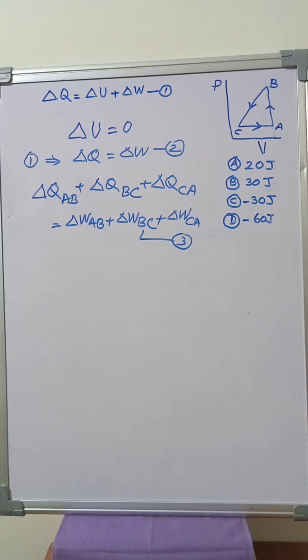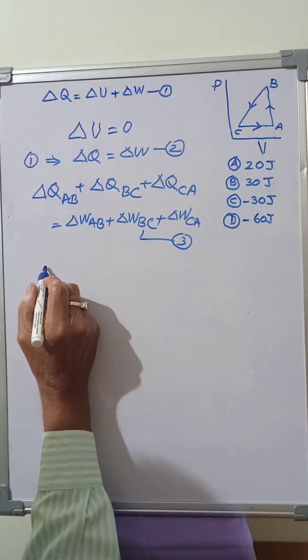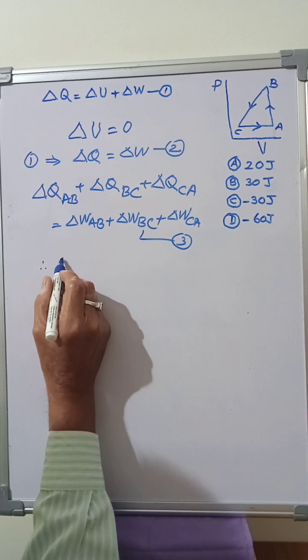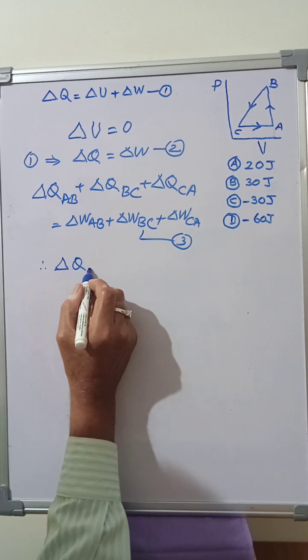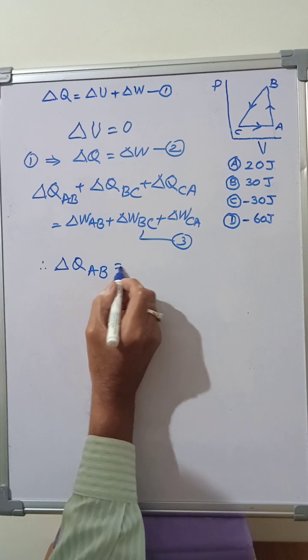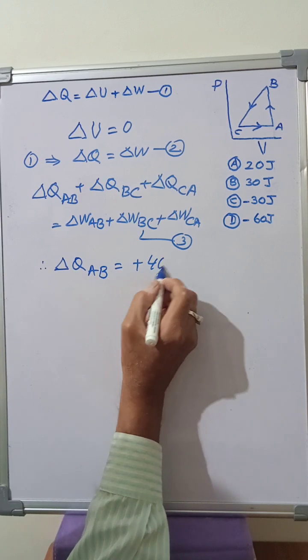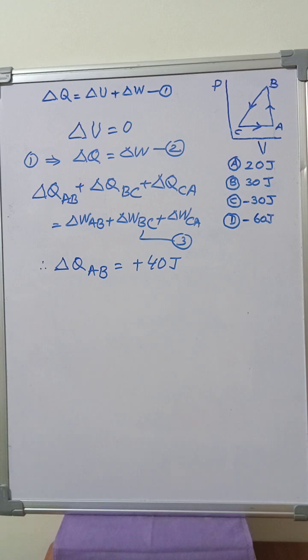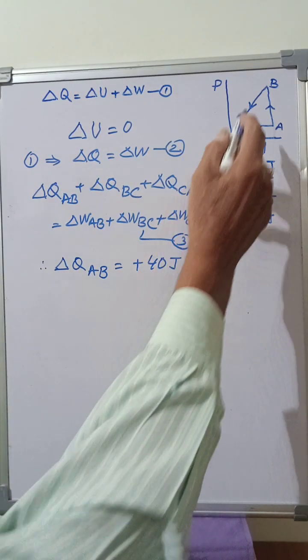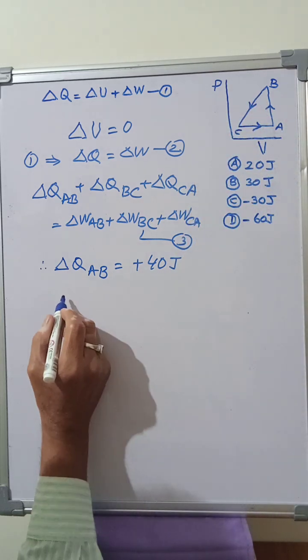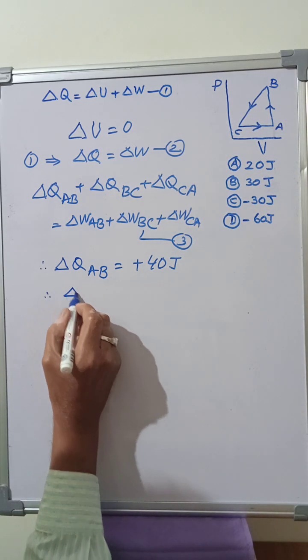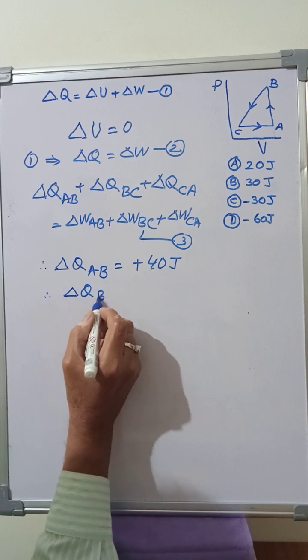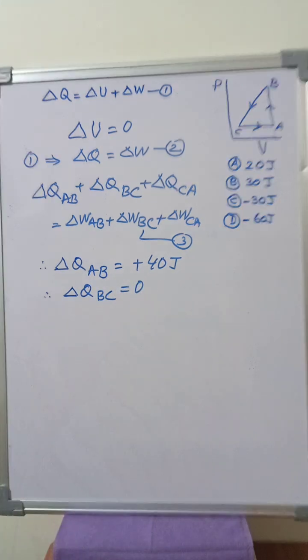The system absorbs 40 joules of heat during the part AB. Therefore, we can write delta Q AB is equal to plus 40 joules. No heat exchange during the part BC. Therefore, delta Q BC is equal to 0.